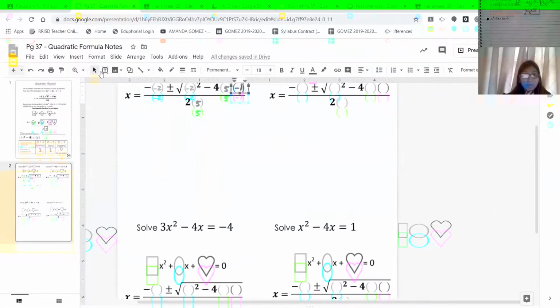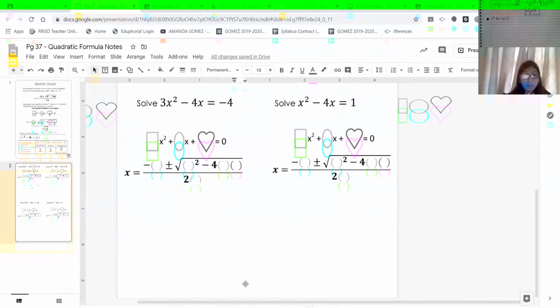So the one I want to do is this bottom right-hand corner. So I'm going to write that one down really quick. That one says x squared minus 4x is equal to 1, which doesn't look like what we have down here where it says ax squared plus bx plus c equals 0. This time it's equal to 1, and I don't like that fact.